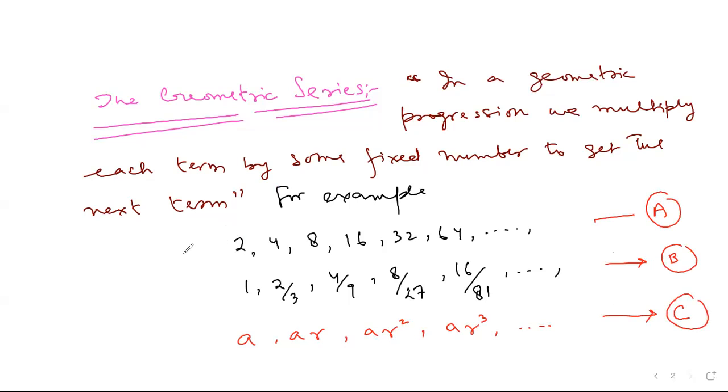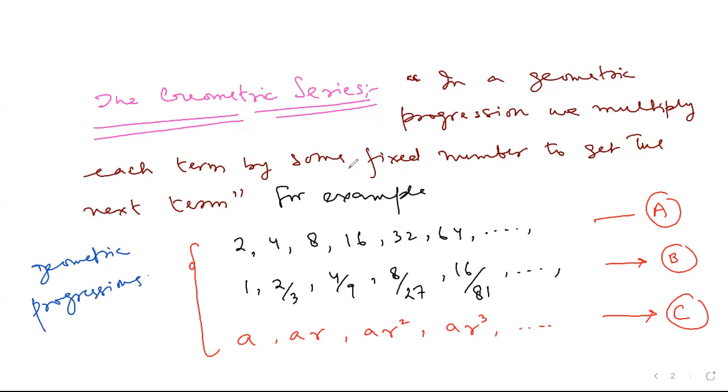Now, all of these progressions are examples of geometric progressions, right? Let me check it. 2, 4, 8, 16, 32, 64; 1, 2 by 3, 4 by 9, 8 by 27, 16 by 81; then in general, we write A, AR, AR squared, AR cubed.